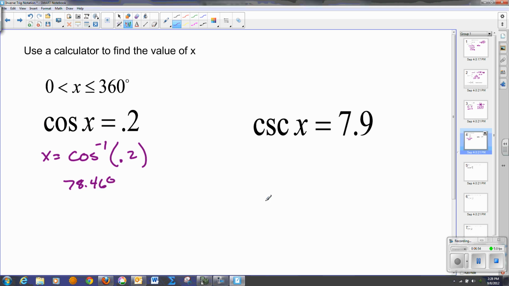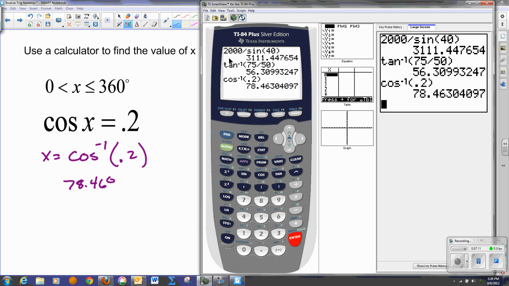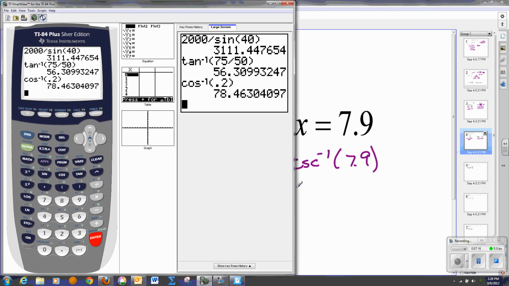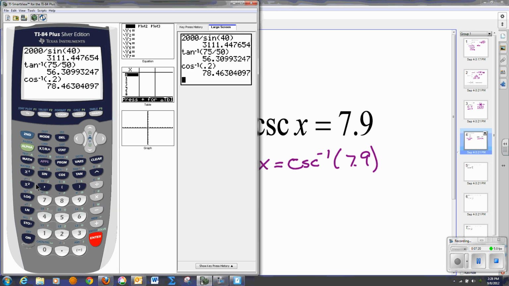Now, the inverse cosecant is a little bit different because there is no inverse cosecant on my calculator, as you can see right before you. All I really have is sine, cosine, and tangent and its inverses.